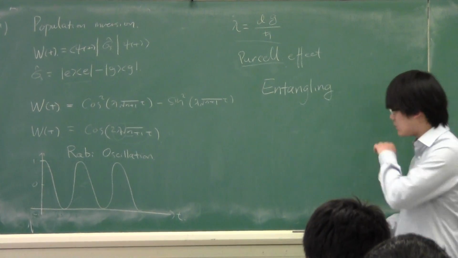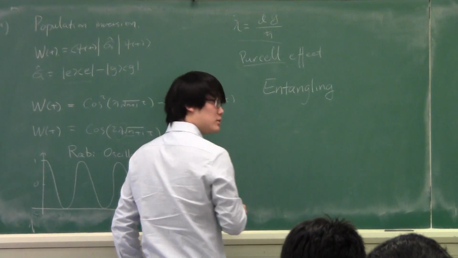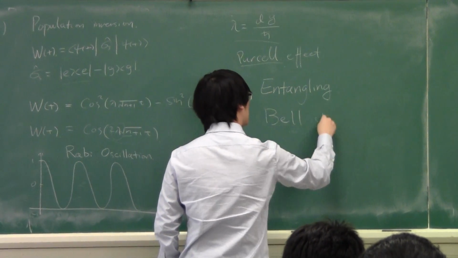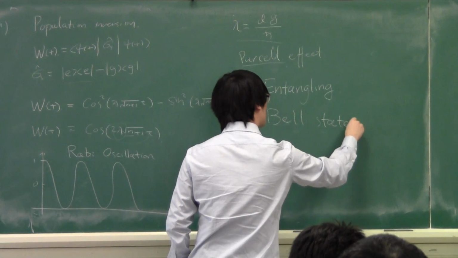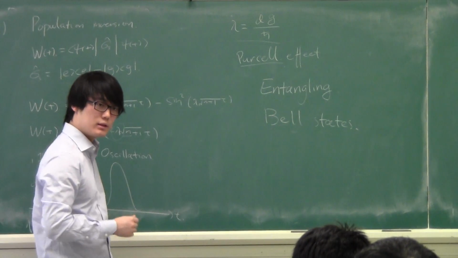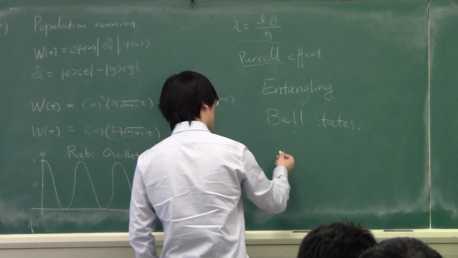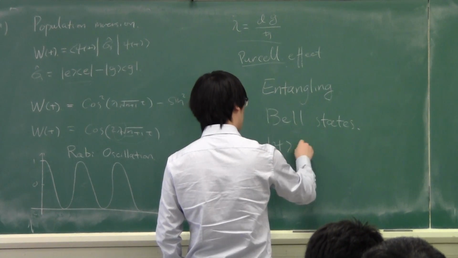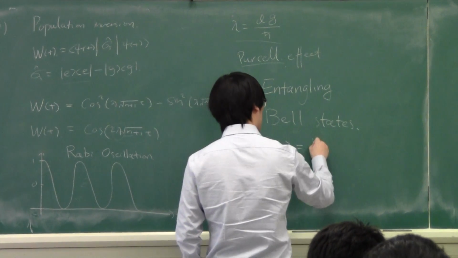It cannot be factorized. For instance, you studied the Bell states, and we studied Bell's inequality and stuff like that. One of the Bell states was something like this. It was two atoms, or two spins.